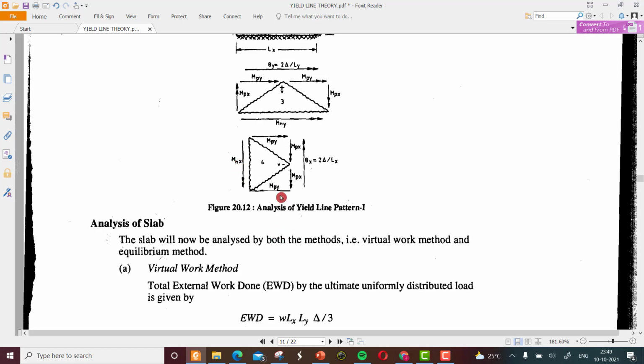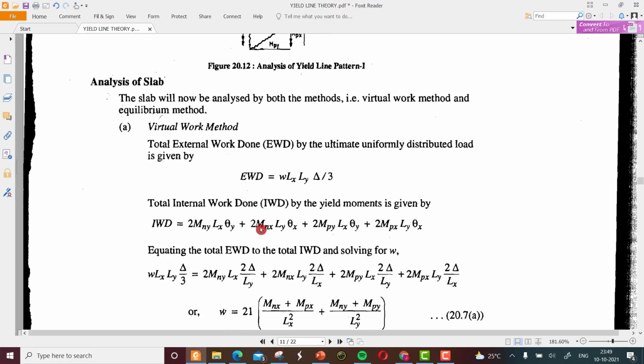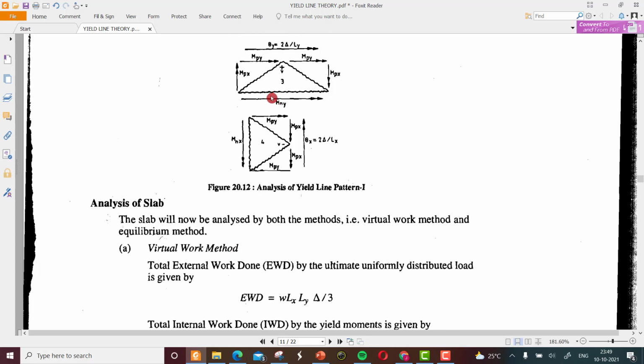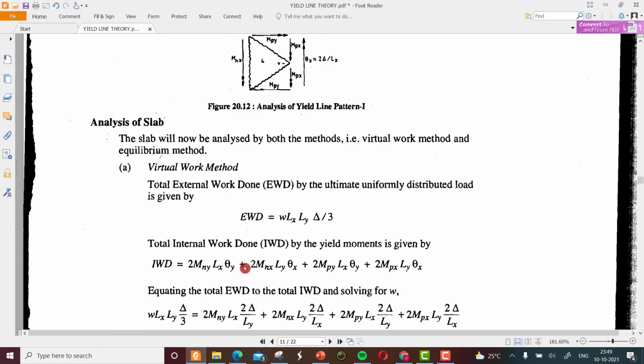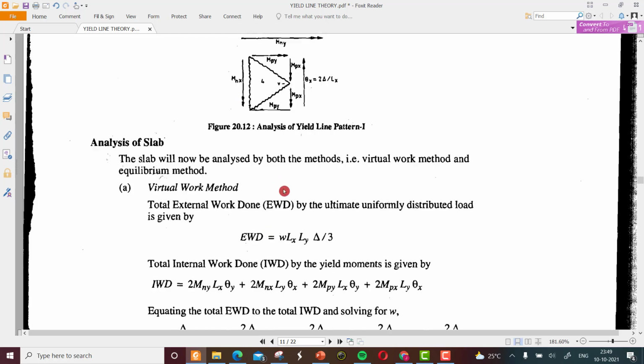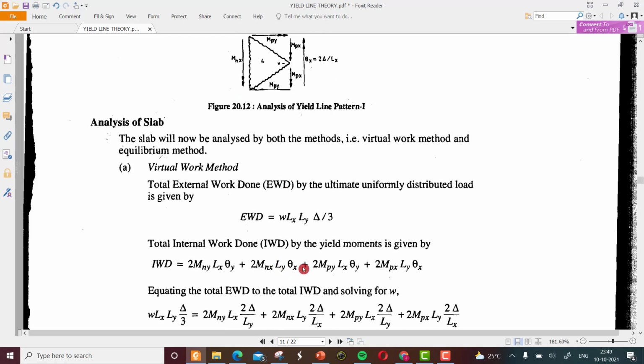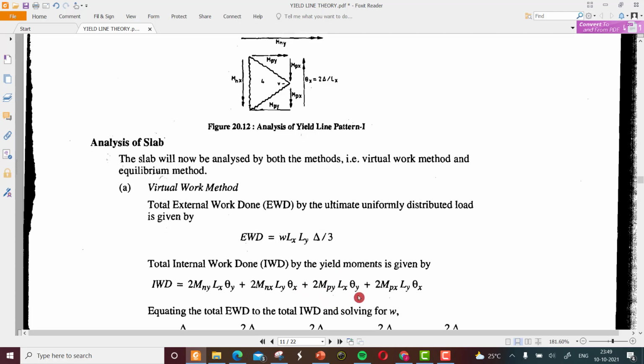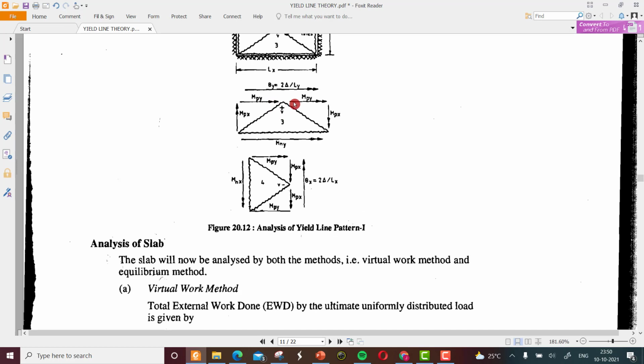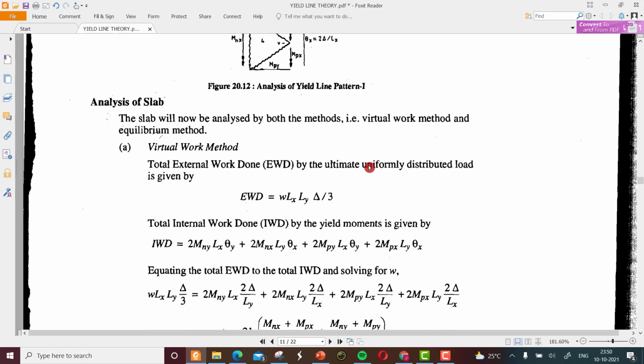So we are first using the normal values, that is on the supports. So the mny was used, mny into lx into theta y, plus 2 into mnx into ly into theta x, plus 2 mpy into lx into theta y plus 2 into mpx into ly into theta x. So these are the mpy values and the mpx values.